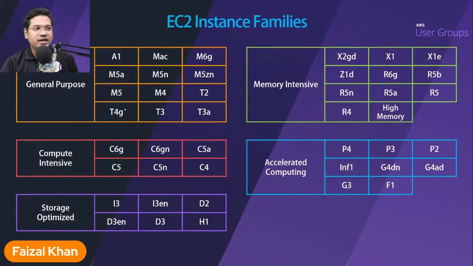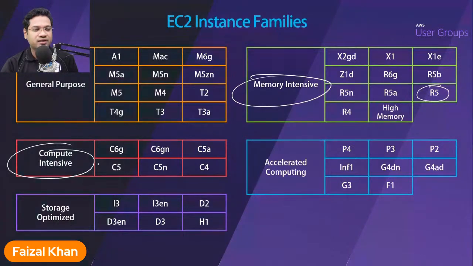Even if there are two servers, one compute intensive and one memory intensive, if you take, for example, the R5 and the C5, both of them might have only 2 CPUs or 4 CPUs. But the CPUs on the compute intensive will be more powerful than the ones on the memory intensive, right? So that's the idea here.